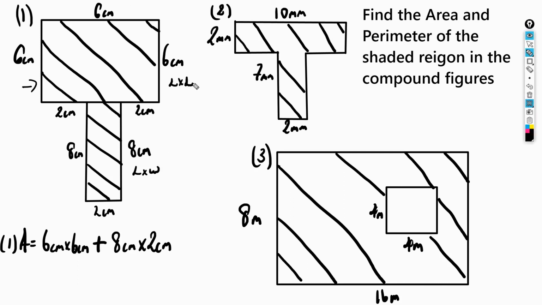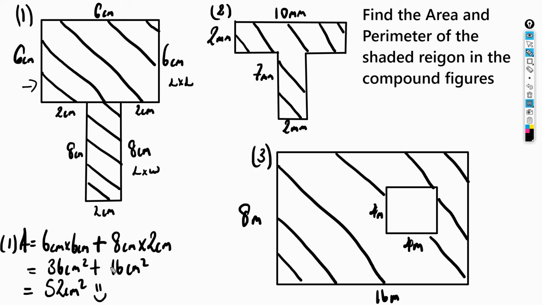Cool. All right, so for the area, we're going to end up with 36 centimeters squared, plus 8 times 2 would give us 16 centimeters squared, and we're going to end up with the answer being 52 centimeters squared. Cool. So that's the answer for the area for number 1.